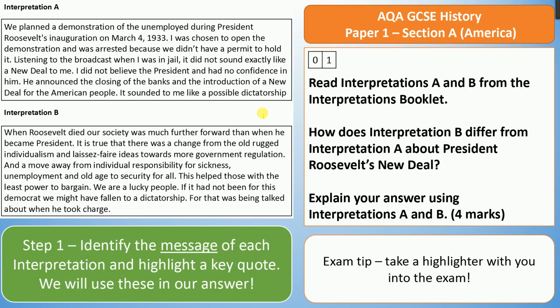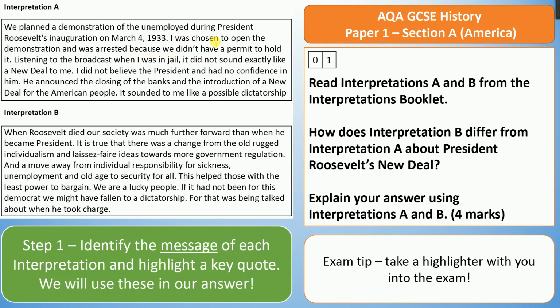Okay, so you've had a chance to pause the video and have a look through the interpretations. I'm going to show you the kind of things that I would be pulling out of these different interpretations. So, interpretation A talks about how this man planned the demonstration of unemployed during Roosevelt's inauguration. That's his first speech. It also talks about how maybe he was chosen to open the demonstration, but he was arrested because he didn't have a permit.